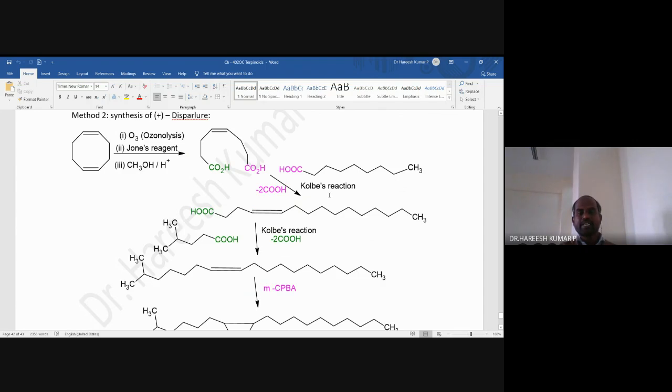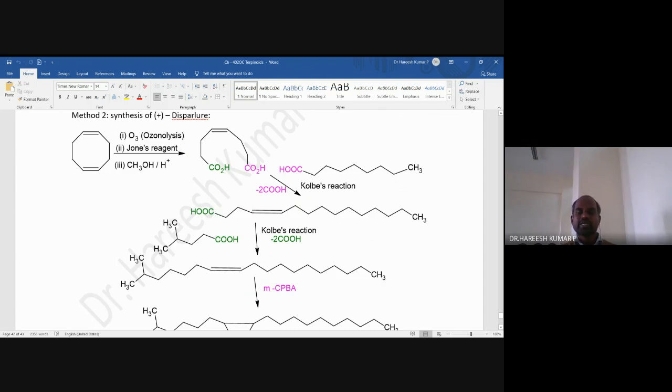When it is subjected to the Kolbe reaction, this carboxylic acid and this carboxylic acid both will go out as a decarboxylated product. Then there will be a new bond formation between this carbon and this carbon. What it means is there will be a loss of two carboxylic acid carbons, and a new bond formation between this carbon and this carbon.